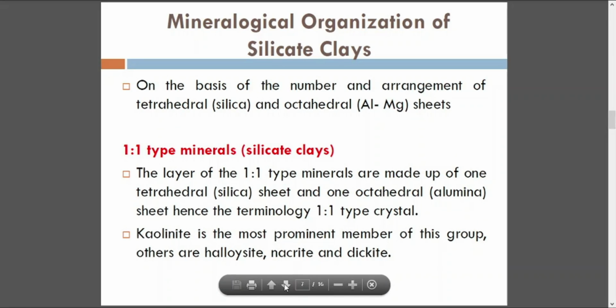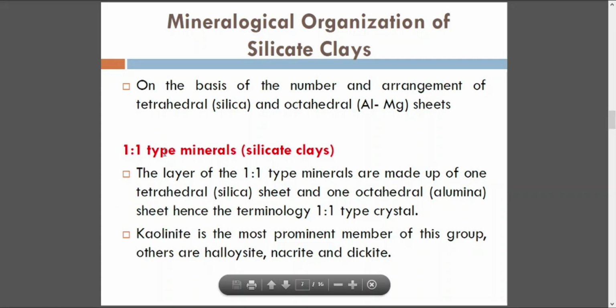So now let's look at the mineralogical organization of silicate clays. This depends on the number and the arrangement of the tetrahedral and the octahedral sheets that are present in a given soil.